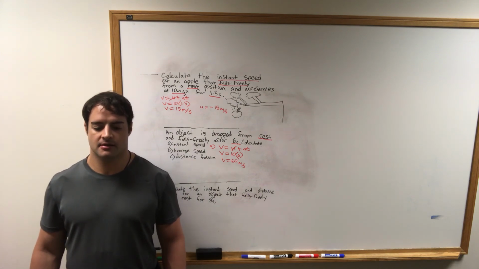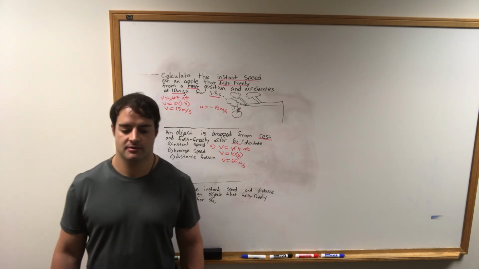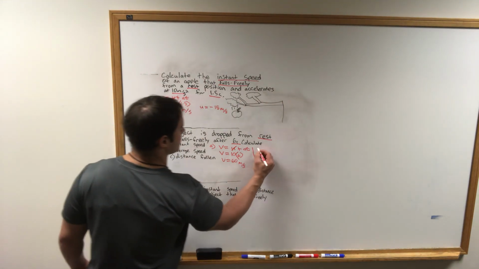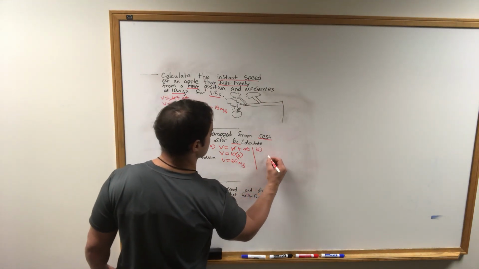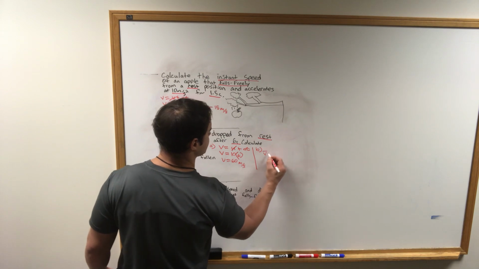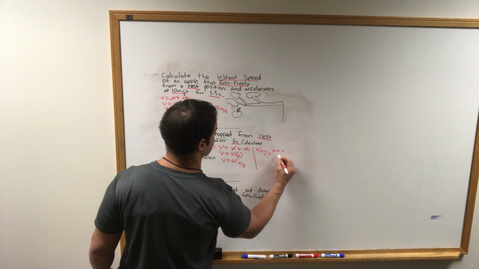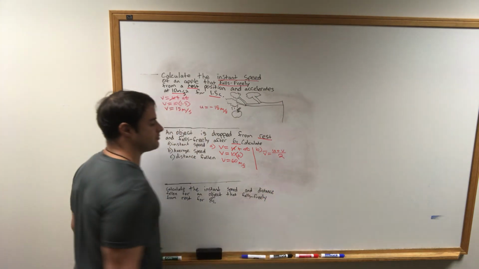Next, the problem wants the average speed. So you're going to use the average, which is the initial velocity plus the final velocity over 2.